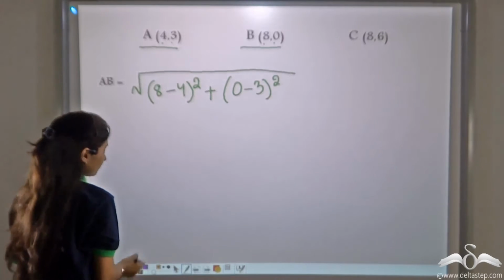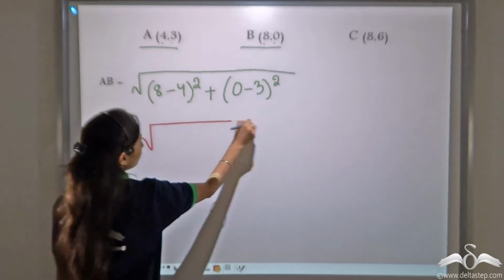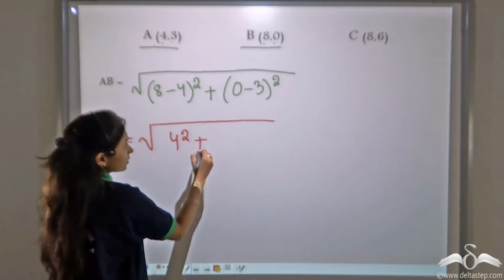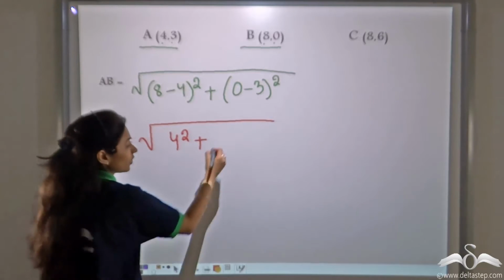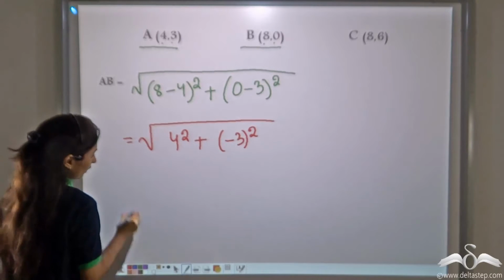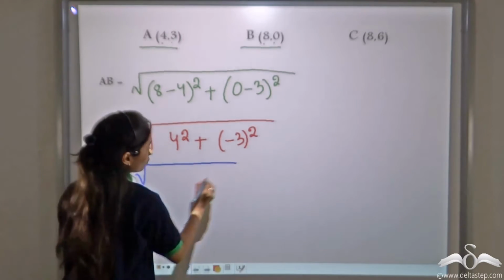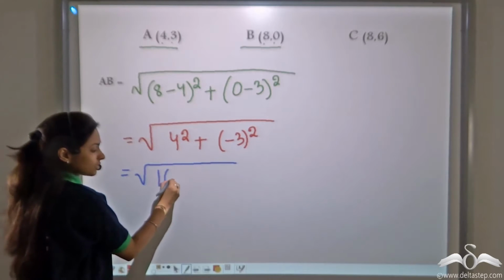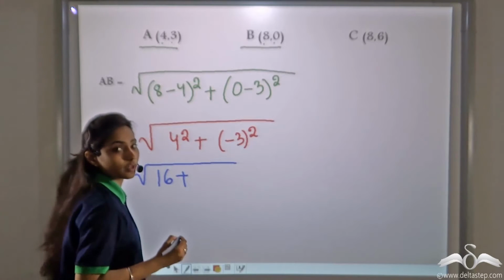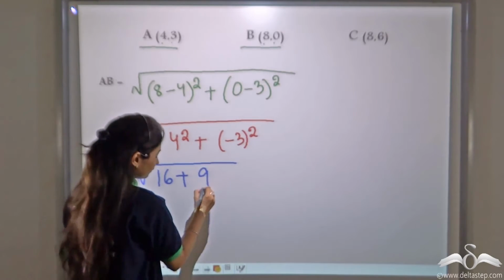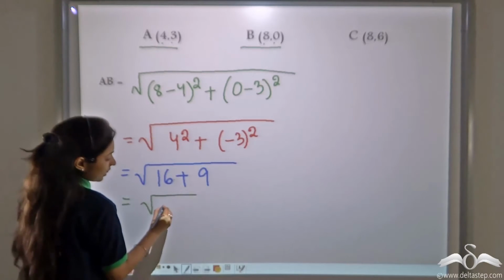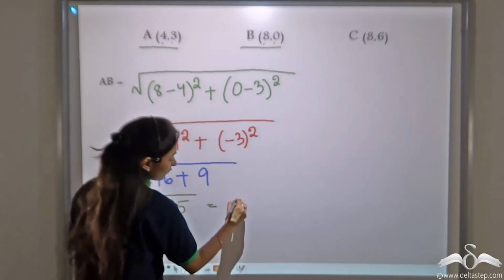So what will we get? Root over, 8 minus 4 is 4, 4 square, plus 0 minus 3 is minus 3, so we get minus 3 whole square. Then what will we get? Root over 4 square is 4 into 4, 16, plus minus 3 whole square is minus 3 into minus 3, which will give us plus 9. Now this will give us root over 16 plus 9, which is 25. So we get 5 units.